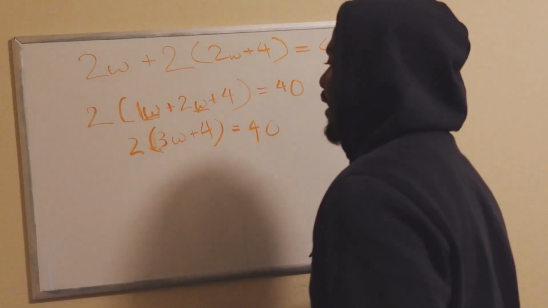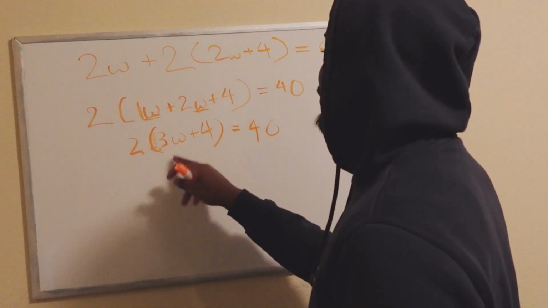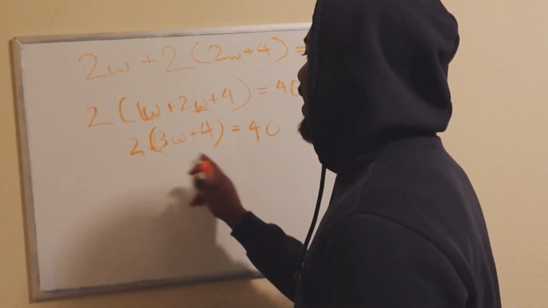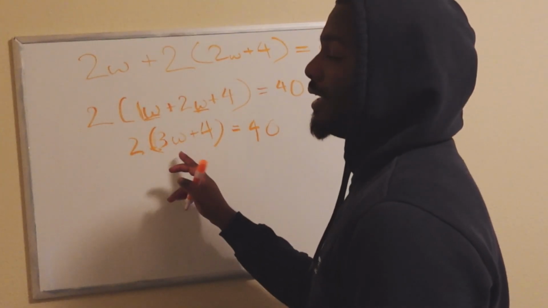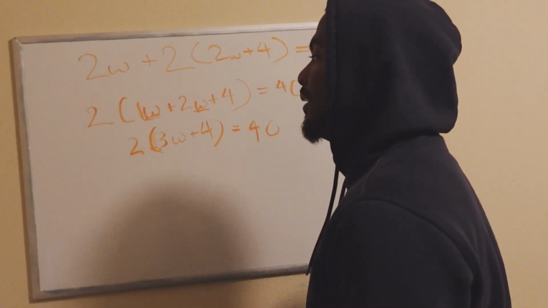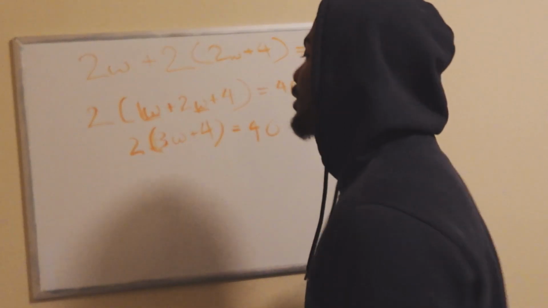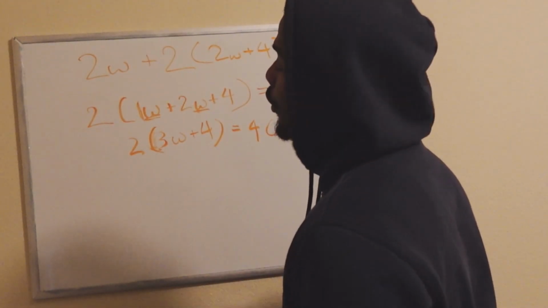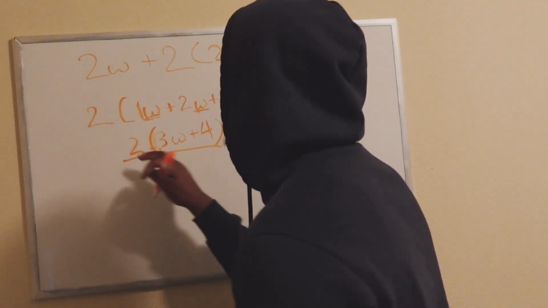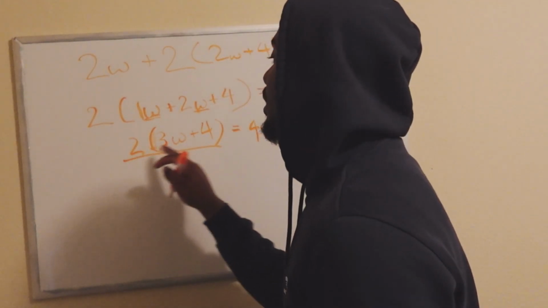So right now that's 2 times 3W plus 4, right? So 2 is being multiplied times this, right? We want to get this W by itself. So first things first, remember how I always say, get rid of everything around the W, right? Get rid of everything around the variable. So we're going to divide, because this is being multiplied right here. We're going to do the opposite.